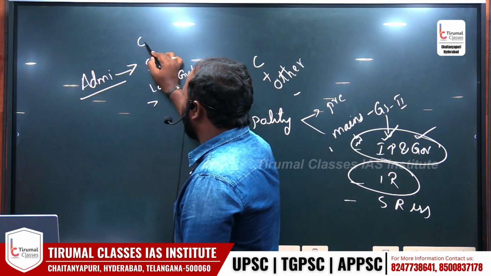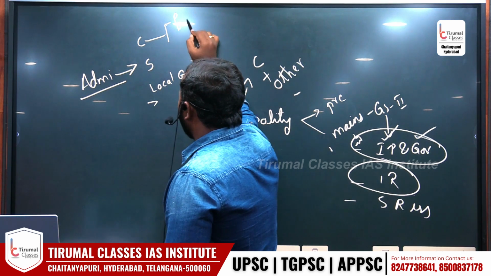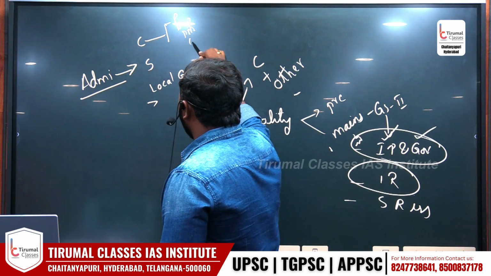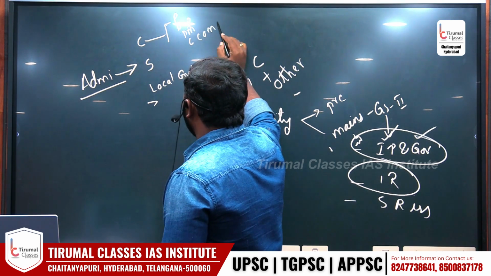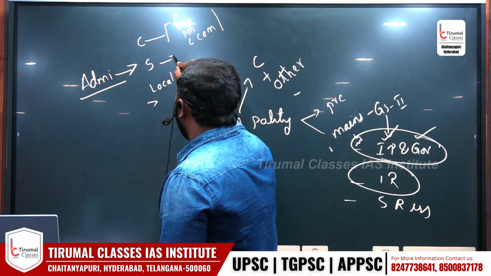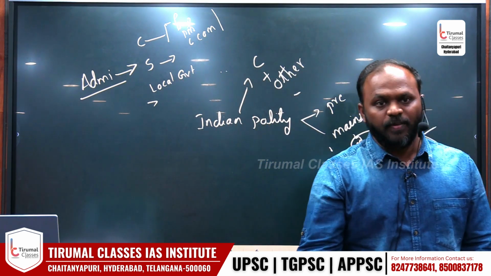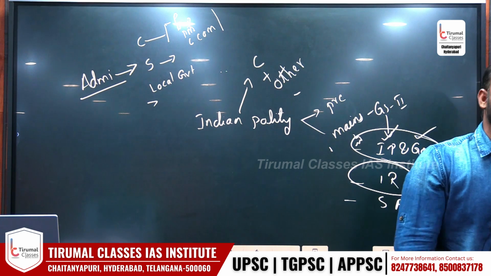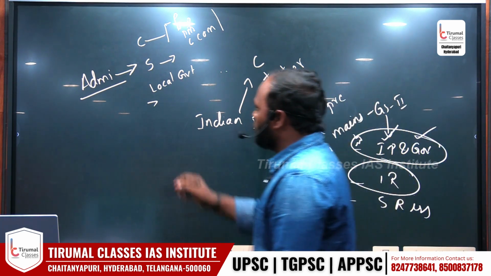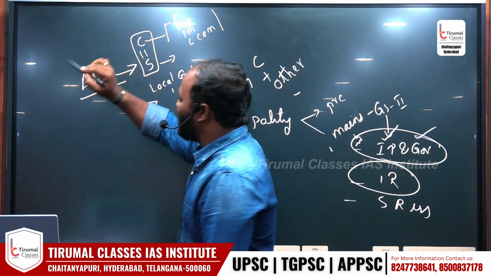In the central government, we will talk about the president, vice president, prime minister, central council of ministers and many more. Same with the state government: governor, chief minister, state council of ministers and many more. That is why I would say the central and state governments are parallel with each other.